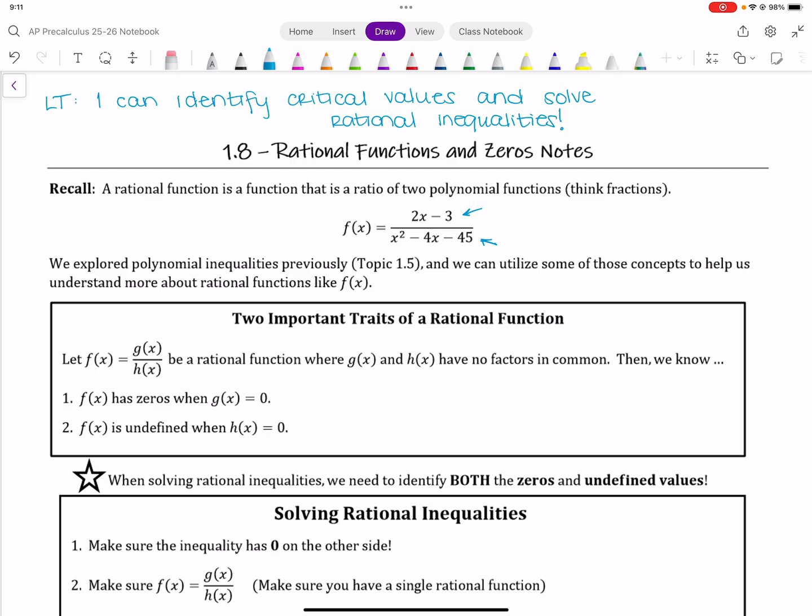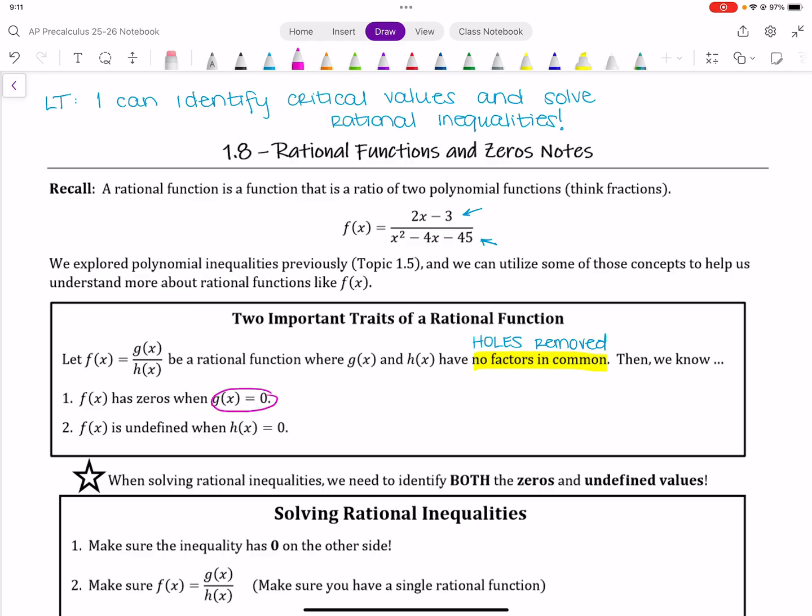So, two important traits of any rational function where your numerator and denominator have no factors in common, meaning we have already removed all of the holes and canceled out any common factors. And once we have simplified our rational function, then we know anywhere that g of x equals 0, we have a 0 or an x-intercept.